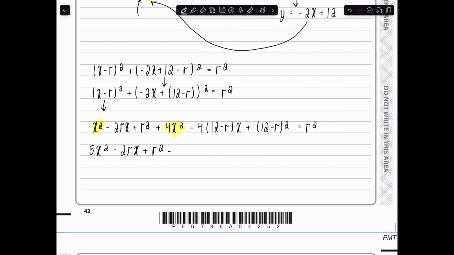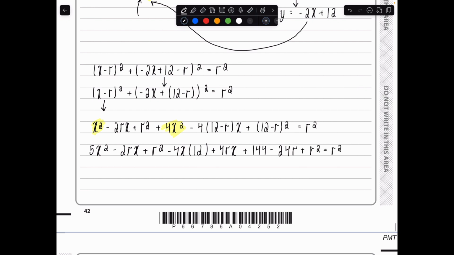Now here we have minus 4x multiplied by 12, and we also have a minus 4x multiplied by minus r. In other words, we've got a plus 4rx. Then here, 12 minus r all squared, we can write that as 144 minus 24r plus r squared is equal to r squared. Now here, we can simplify.